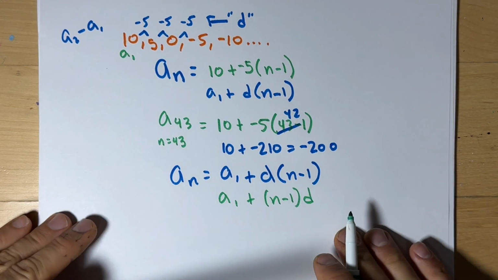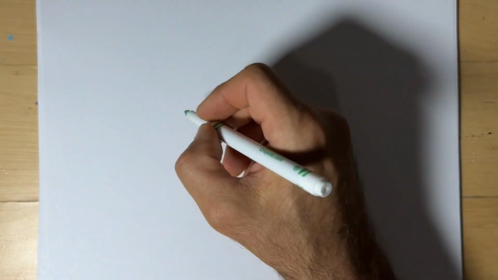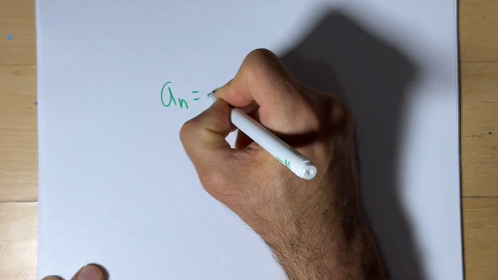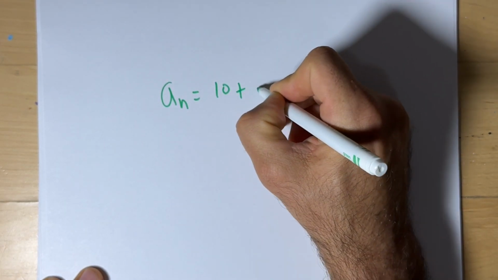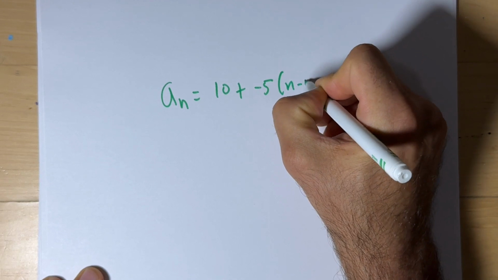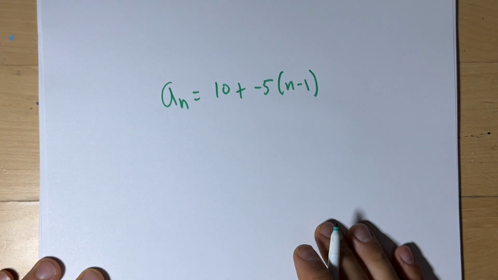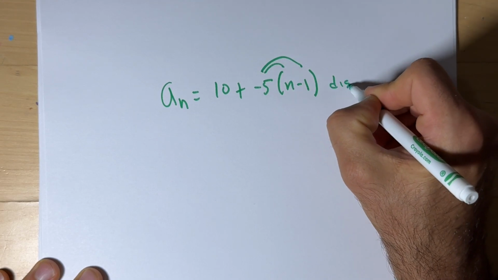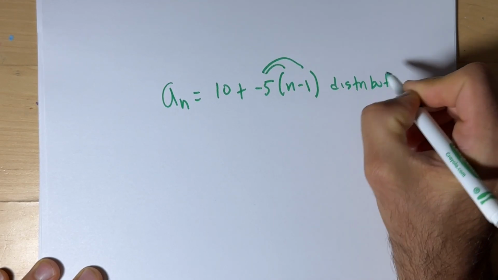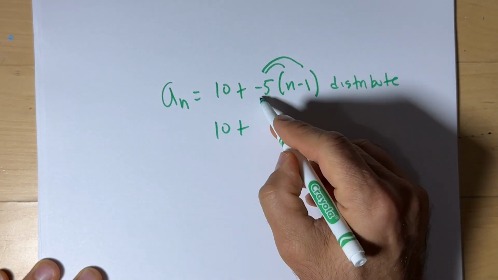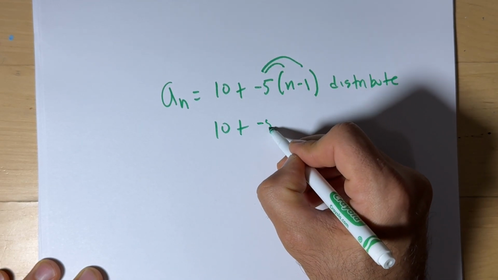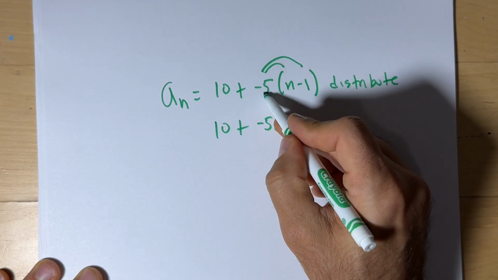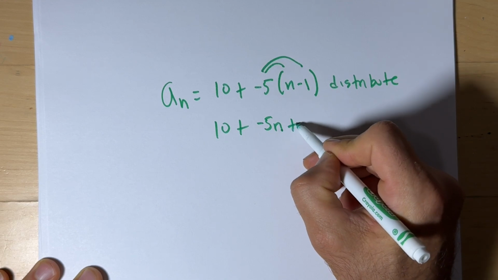Let's take our last formula. We just used a_n is 10 plus negative 5 times n minus 1. To simplify this, we want to distribute or multiply this to both terms. So 10 plus negative 5 times n is negative 5n, and negative 5 times negative 1 is positive 5.